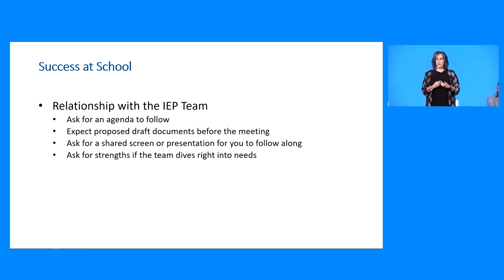In our district, we require staff, teachers, and related service providers to send drafted goals and drafted plans 5 days before the meeting. The reason we do that is so that you have time to look over it and you can provide meaningful participation in your meeting.